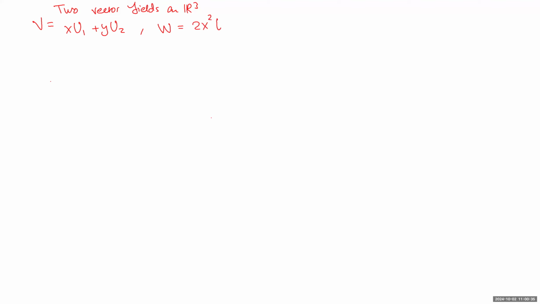Here you can see something important: these U_i's are bases for the vector fields. Here, in Calc 3, this is the equivalent of giving us two vector fields.